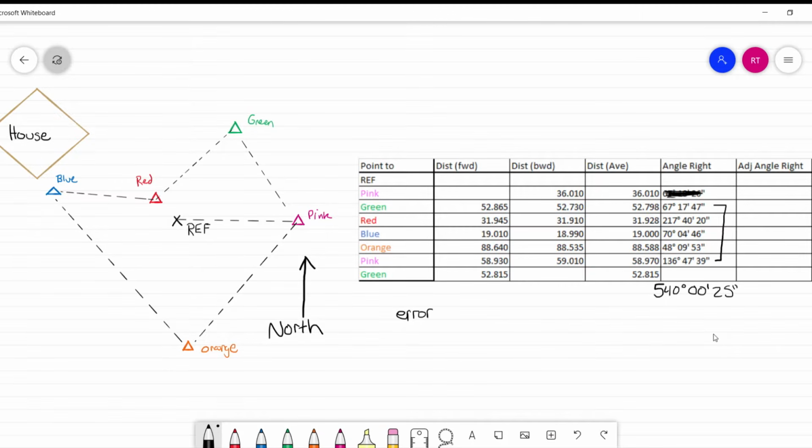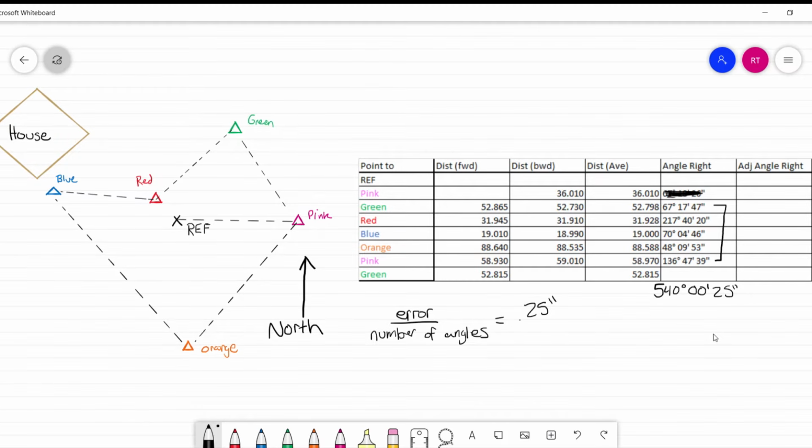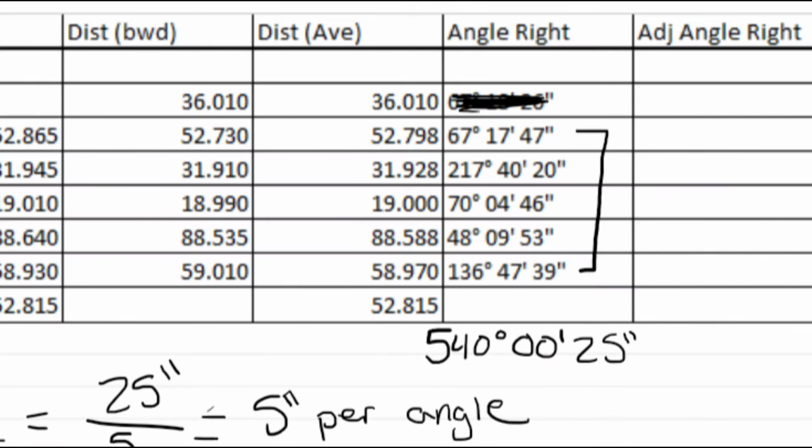Now remember, to calculate misclosure per angle, it is error divided by number of angles. So that is going to be 25 seconds over 5 angles, because we have 1, 2, 3, 4, 5, which gives us an error of 5 seconds per angle. Because we're 25 seconds over, we're going to have to subtract 5 seconds from every angle. So now this one will become 67 degrees, 17 minutes and 42 seconds.